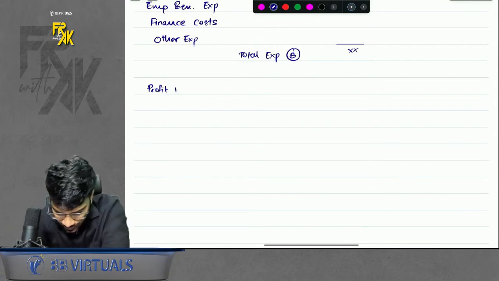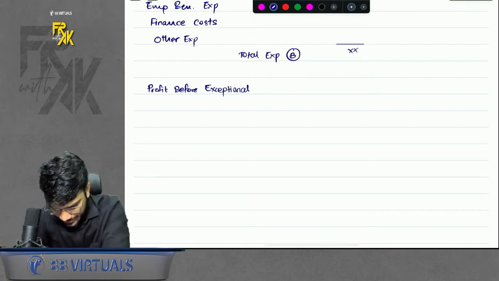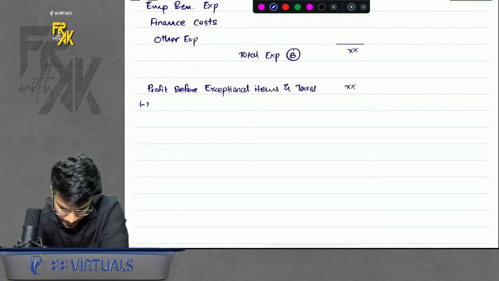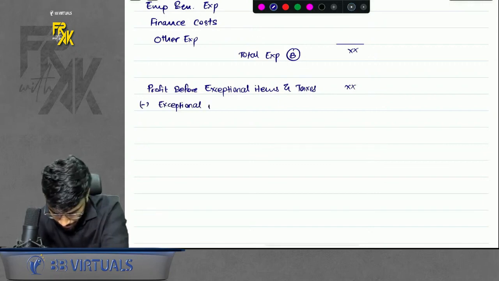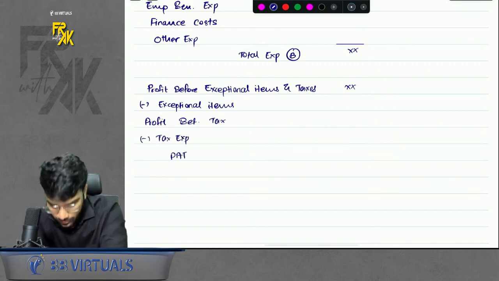So this profit which we get will be profit before exceptional items and taxes. So then you will reduce exceptional items. Then you will get profit before tax. Then you will reduce tax expense. Then you will get profit after tax, of course.